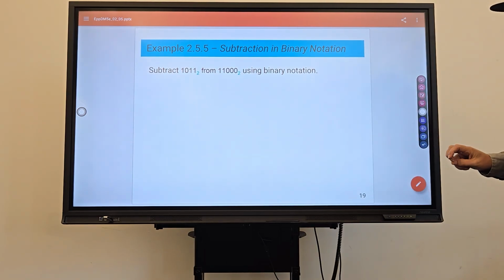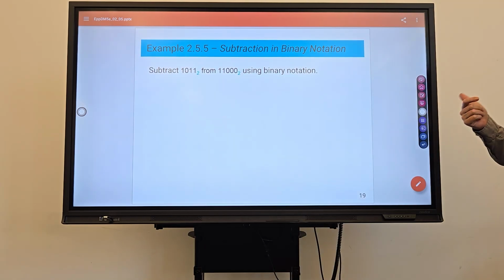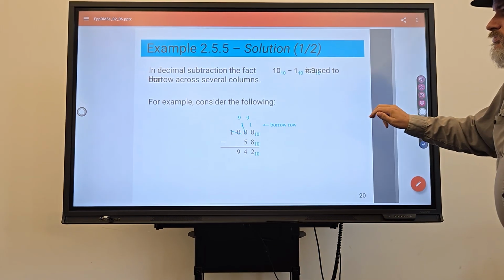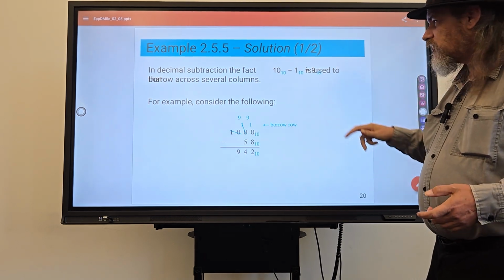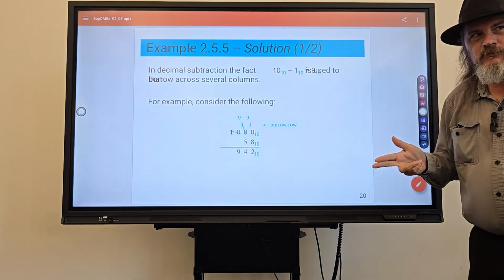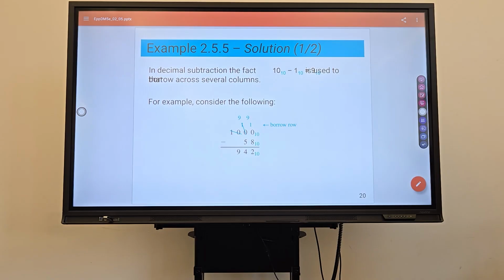Now subtract. I'm going to skip over subtraction because that's not the way computers do subtraction. They do the borrowing method and all that sort of stuff, which is the same as decimal.